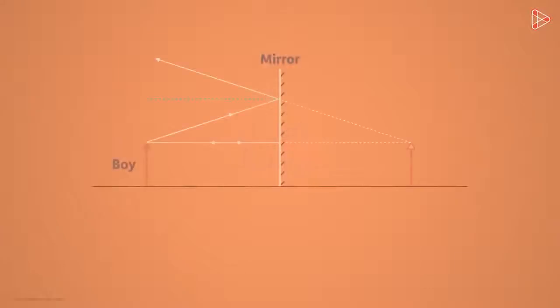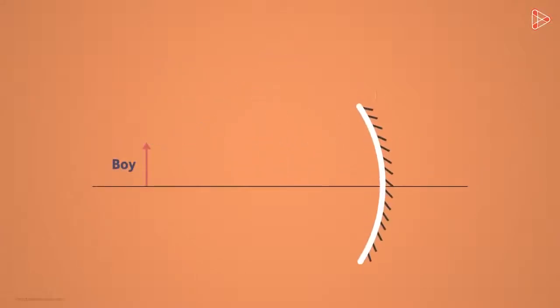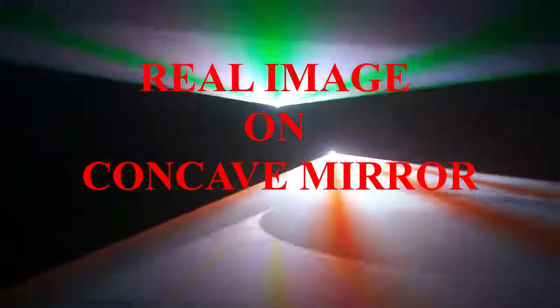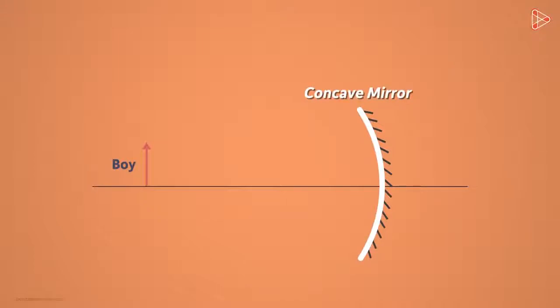So what is the real image then, and how are they formed? Let's replace this plane mirror with a spherical concave mirror. Why? It's because real images can be formed by concave mirrors.